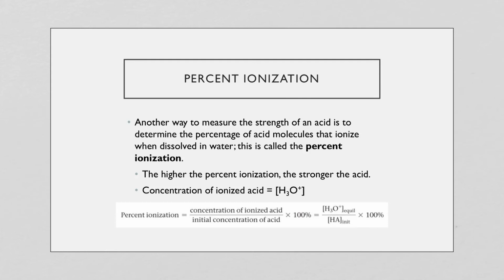Of course, the higher that percent ionization, the stronger the acid is. Almost all of these we look at will be weak acids, because we're talking about weak acids now, but again, there's a scale. We have stronger weak acids, we have weaker weak acids, and it's about figuring out where something is on that scale. So percent ionization is another way that we can characterize the strength of an acid.